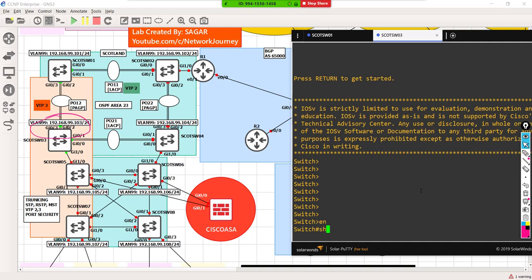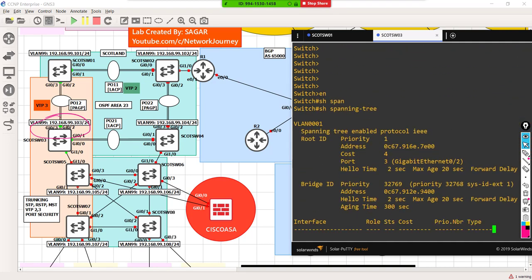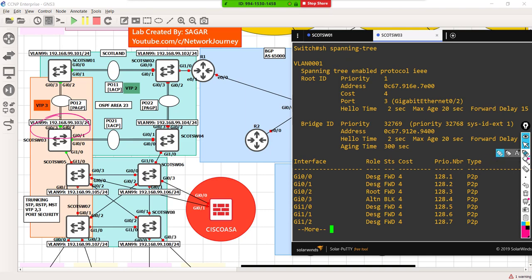So let's see show spanning-tree. As I told you, the one with the lowest neighbor physical ID will be forwarding. So this one is forwarding, whereas the second one is blocking. Now my scenario is, let's say this interface which is at this moment forwarding has some issue.